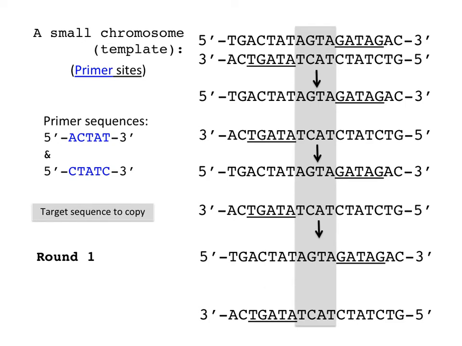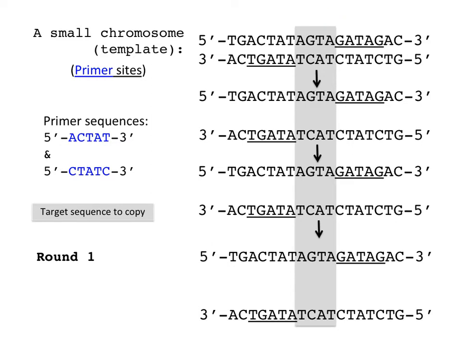So we start PCR with a single chromosome, shown up here at the top, double-stranded, with the polarity listed. And these sequences with the black underlines are primer sites. These are parts of a chromosome where we, geneticists, have decided that this gray area that I've boxed, those 4 nucleotides, I'm really interested in for some reason.